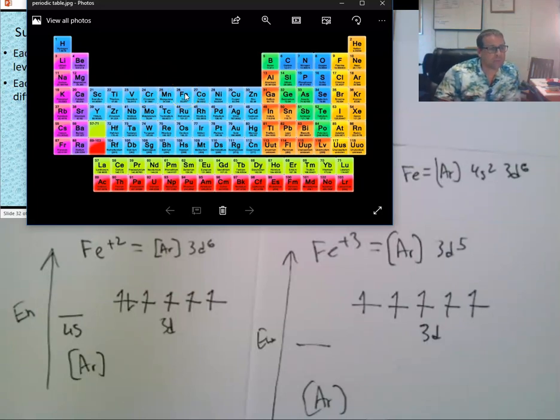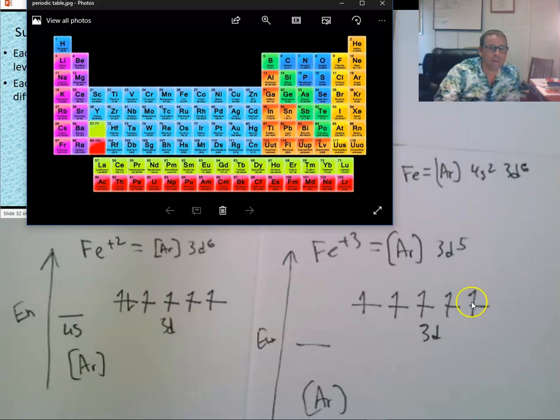Now, there's a lot of different properties that occur because of the number of what we call unpaired electrons. One of the properties associated with unpaired electrons is, remember how I said that these represented the spin of the atom's electrons, and that spin could be influenced by a magnetic field.